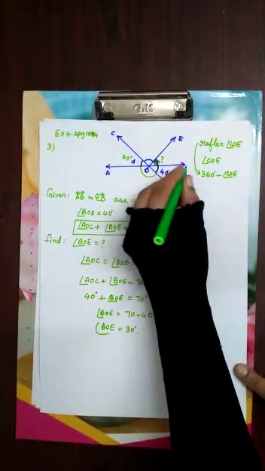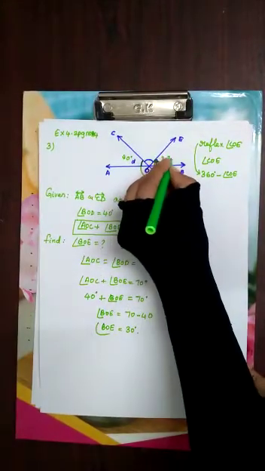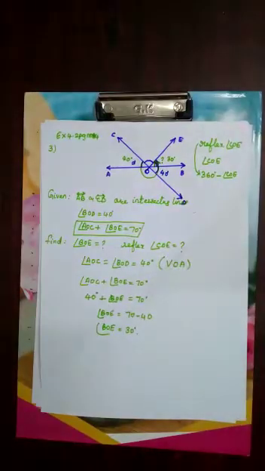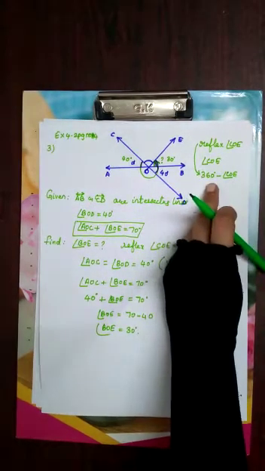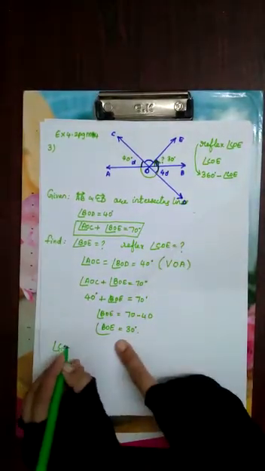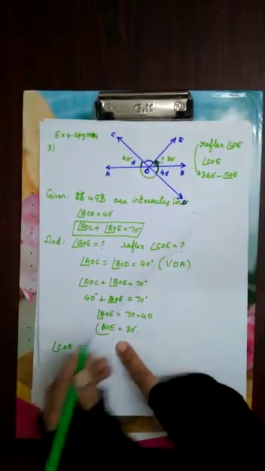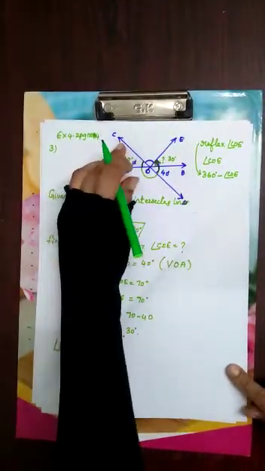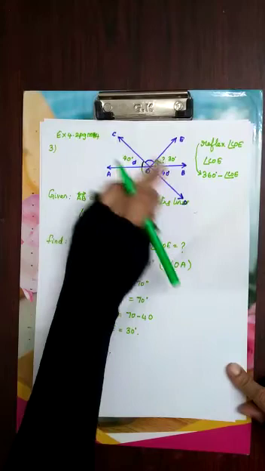So here we got angle BOE is equal to 30 degrees. They had asked us to find this angle. One we have found. Now the second part, they are asking us to find reflex of angle COE. So for that first we need to find angle COE. Now if you observe this angle COE, can I say this as a straight line?